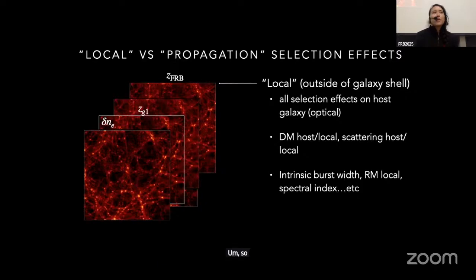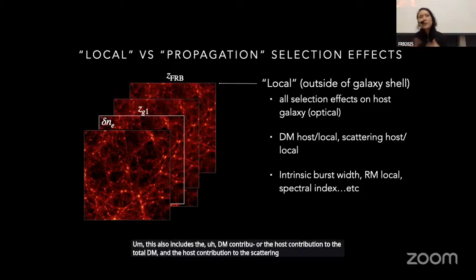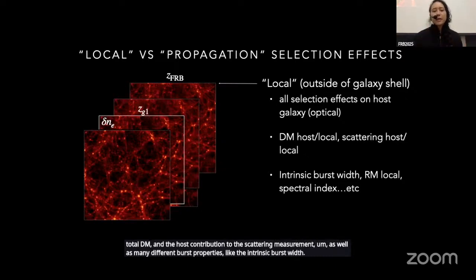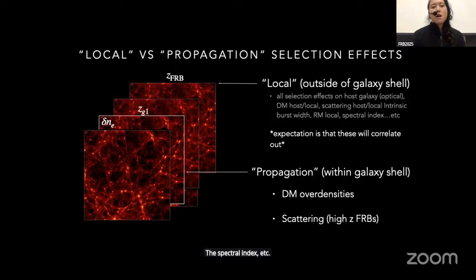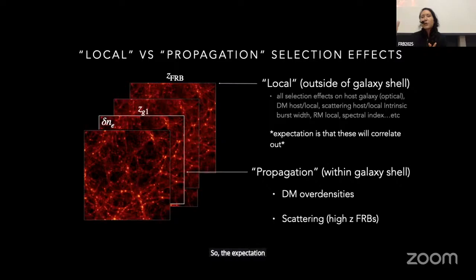How bright is the host galaxy? How large is it? This also includes the host contribution to the total DM and to the scattering measurement, as well as many different burst properties like the intrinsic burst width, the spectral index, etc. But those observables are not expected to correlate with the foreground galaxies. So the expectation is that those FRB-local selection effects will not bias the measurement.